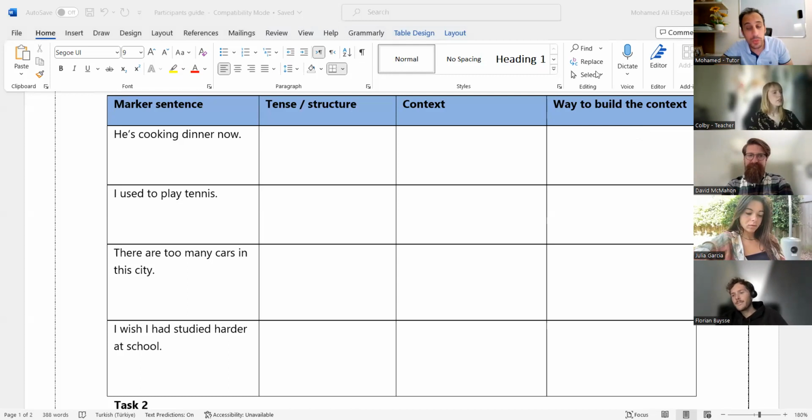And in the breakout rooms, you decide the tense, the context, and the way to build this context for each sentence.